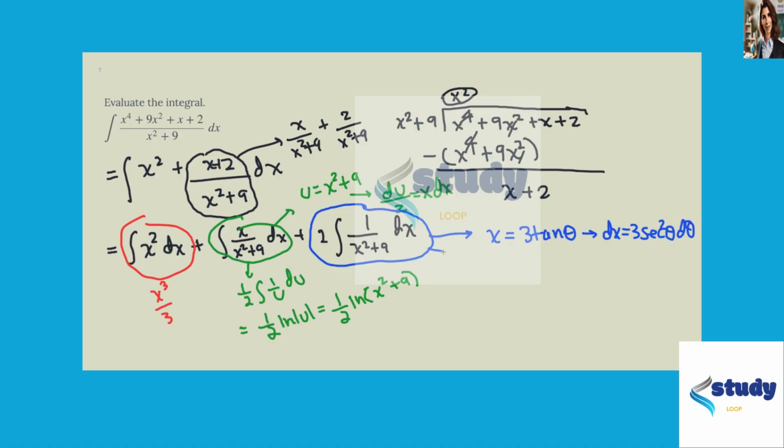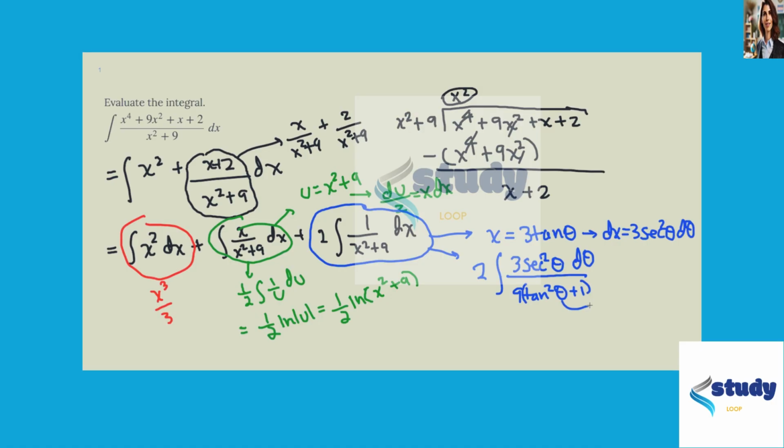And then this integral just becomes 2. Then on top, we have 3 secant squared. On the denominator, we'll have 9 tan squared theta plus 9. Let me go ahead and factor out that 9.